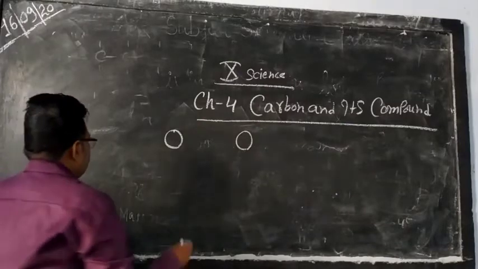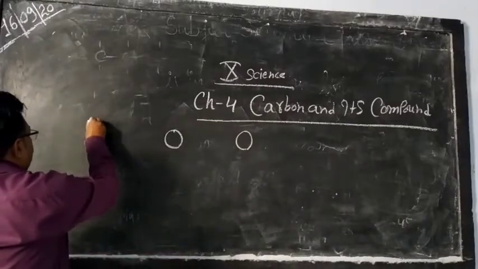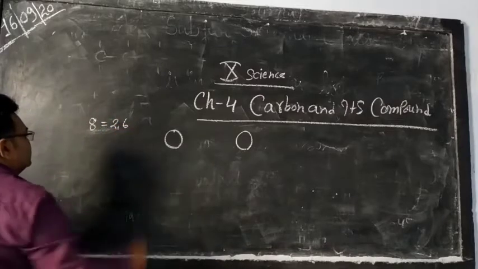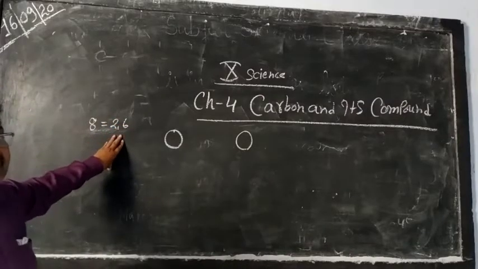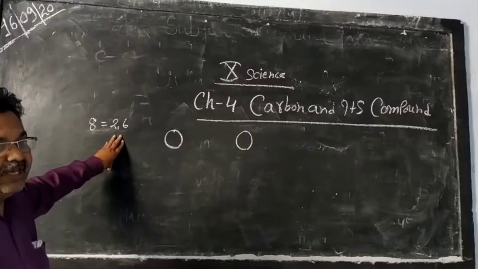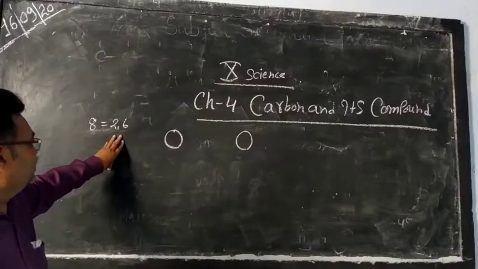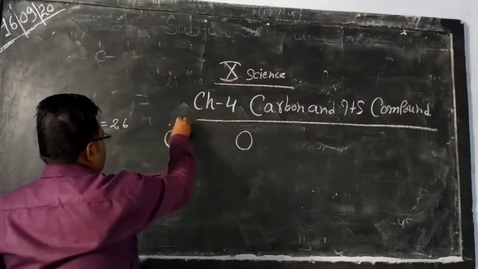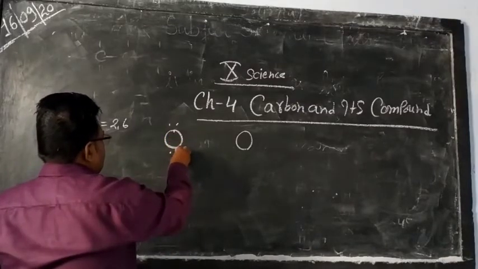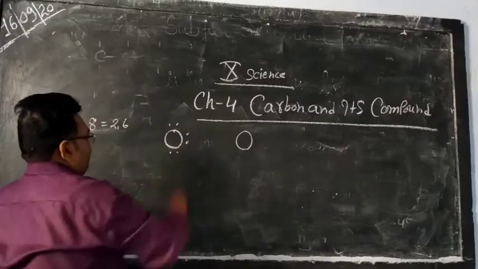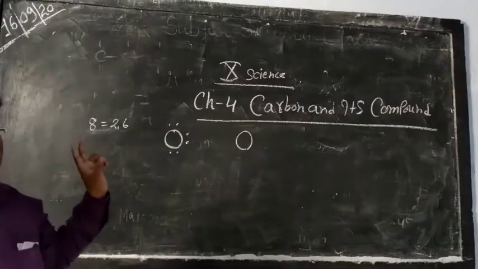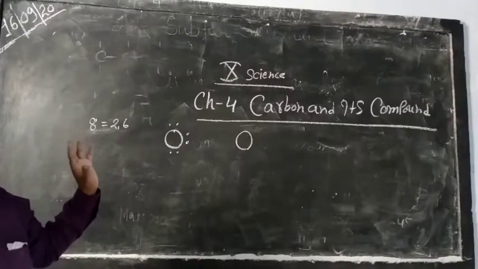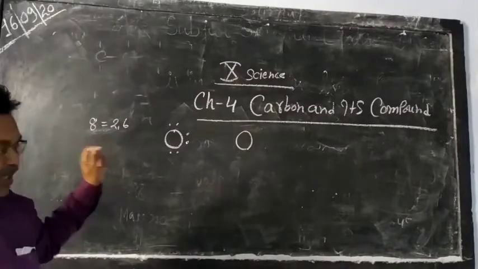You know that the oxygen atomic number is 8 and its configuration is 2, 6. To attain the configuration of the nearest inert gas neon, it takes 2 electrons. So in its outermost shell there are 6 electrons and it requires 2 electrons to complete its octet. Octet means 8 electrons in its outermost shell.